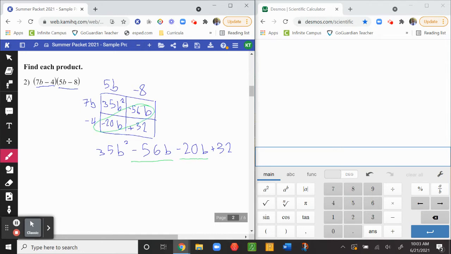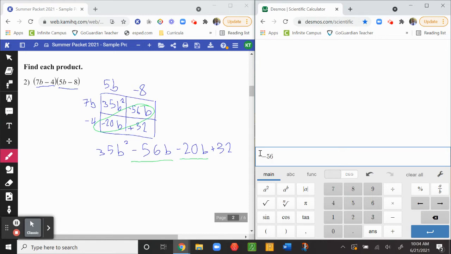They're the ones that showed up in that same diagonal with the same type of variable, a linear b. I can combine those. I can do the operation as written. Ignoring the variables, I just see negative 56 minus 20. Perhaps I use a calculator to help me with my arithmetic.